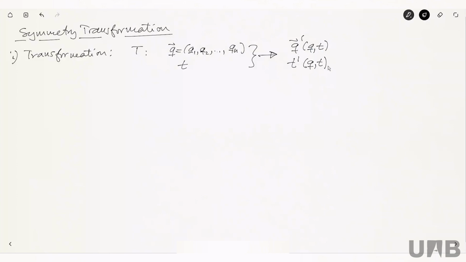So we make a general change of variables. We just mix them all together, but we're only going to consider infinitesimal changes.